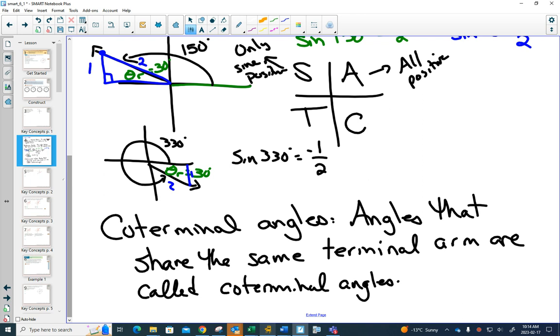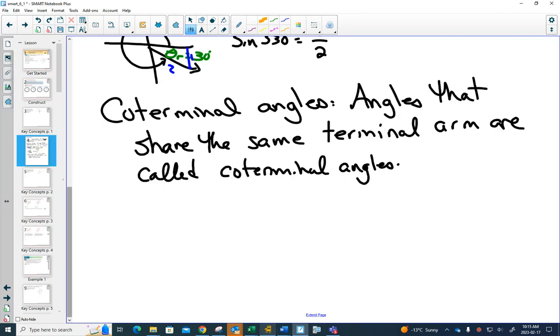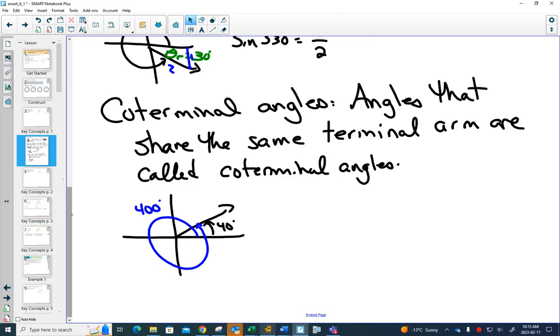So what we can do is we could say that 40 degrees ends in the same place as if I went all the way around. If I went all the way around, that would be 360 degrees, plus another 40 would be 400 degrees. We could say that both 40 degrees and 400 degrees are coterminal because they end at the same spot.